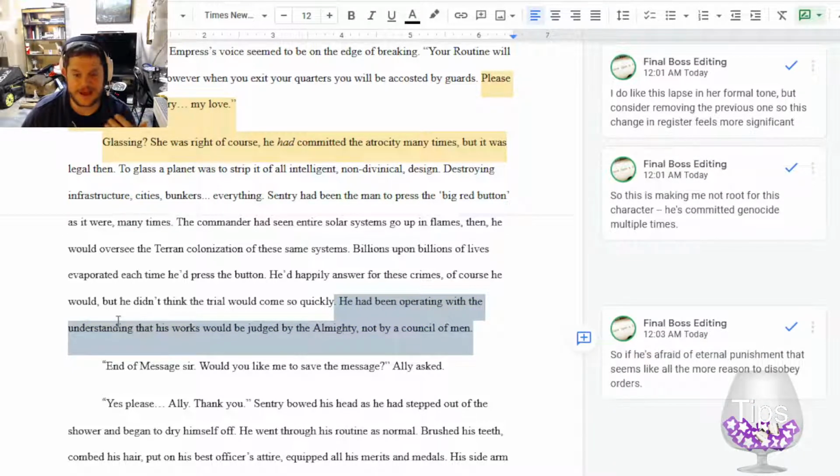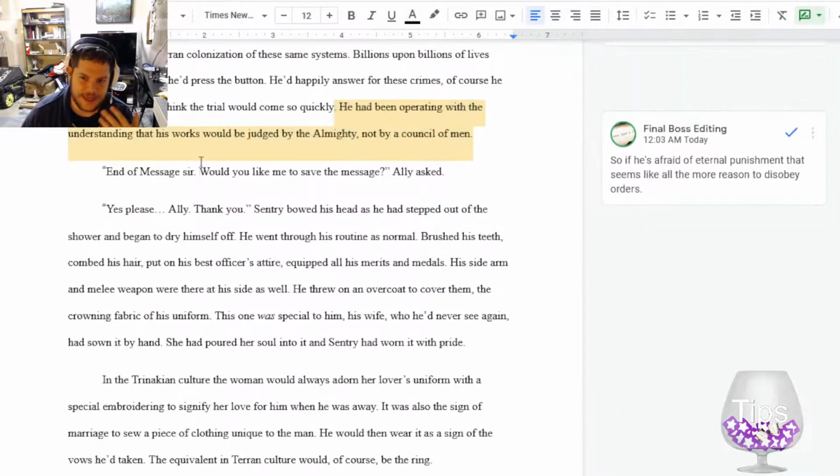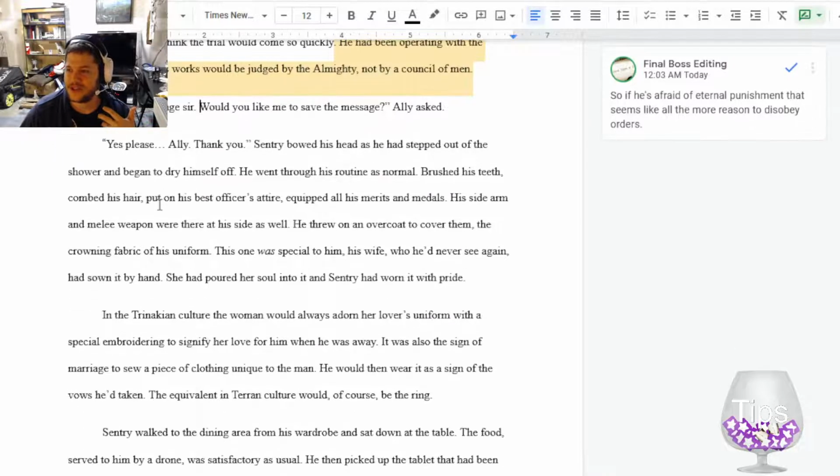So if he has a moral compass that has a religious backing, where he is worried about some sort of eternal punishment, like he's judged by the Almighty and not by men, then that would give him more reason to not do it, and so it's even more surprising that he did it. It makes him even more scummy that he would do that.